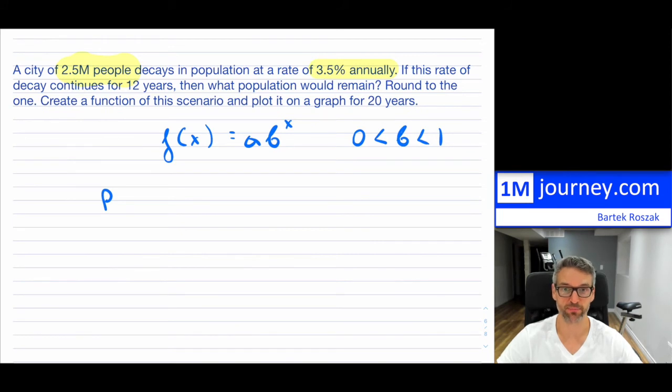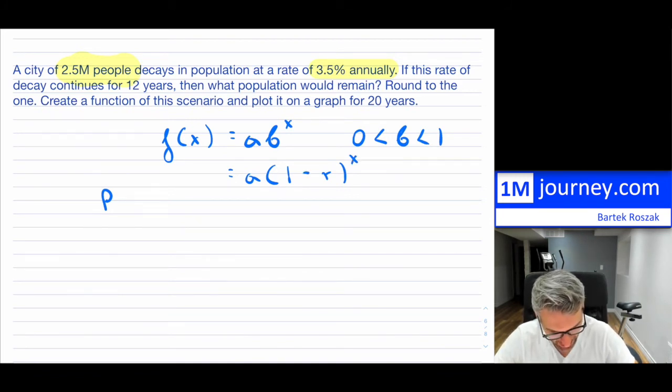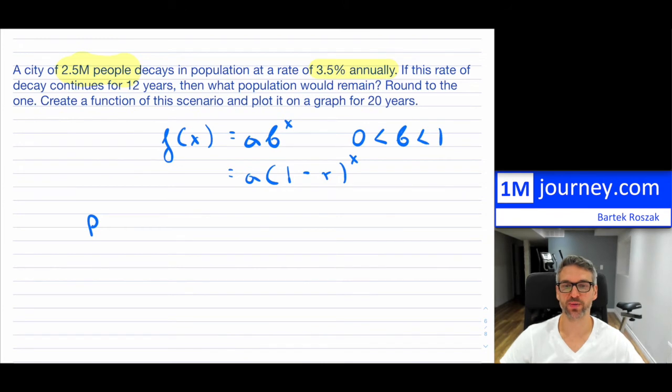Exponential growth was plus R, but decay is minus, because it's decaying at a certain rate. So this is what our general function for exponential decay looks like. The key thing here is that this is minus and that R is between 0 and 1.